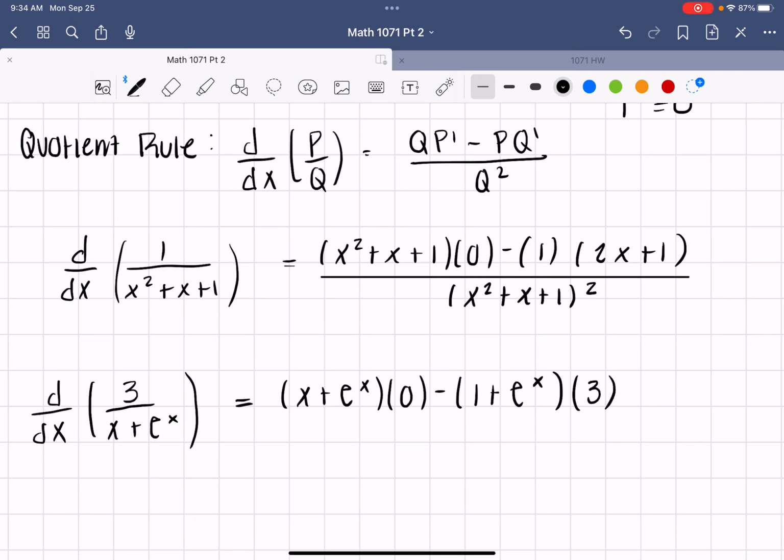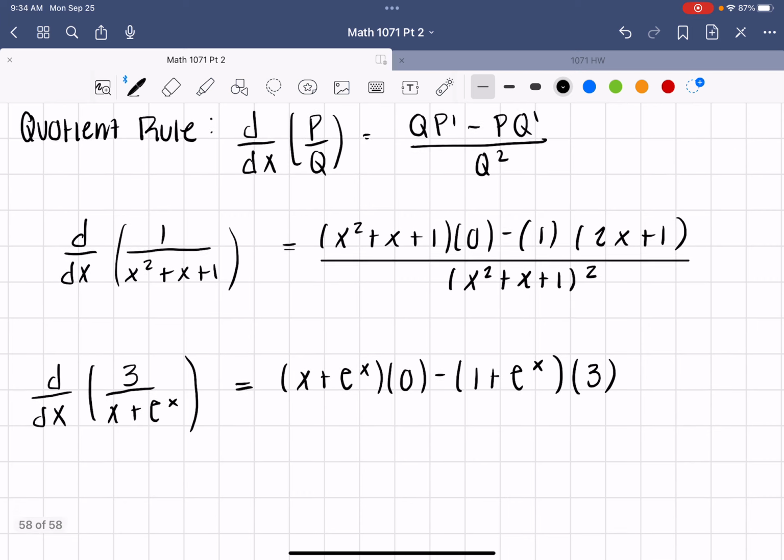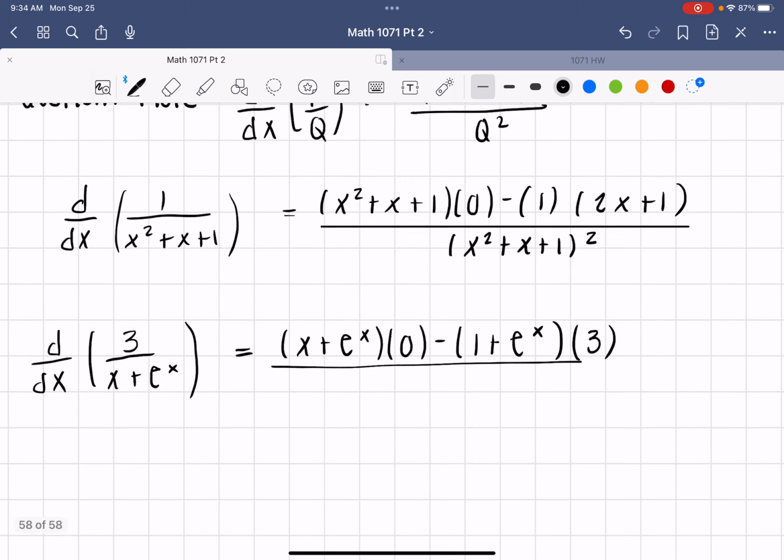The derivative of e to the x is that funny function, e to the x. Over x plus e to the x, squared. So if you simplify this, 0 times anything is 0. And you have negative 3 times 1 plus e to the x, over x plus e to the x, squared.